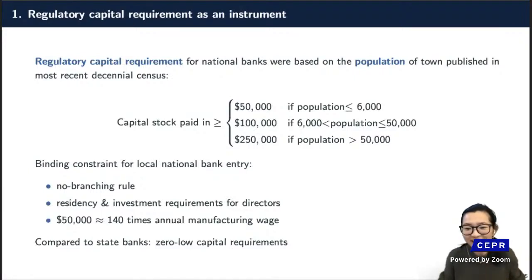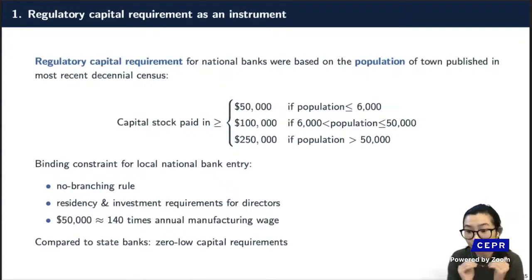So broadly speaking, the idea is that places that are bigger are going to have a lot more economic activity. And so the banks that are supporting it should be better capitalized, and that will make them more stable to service this economy.